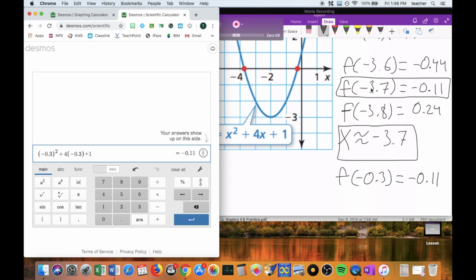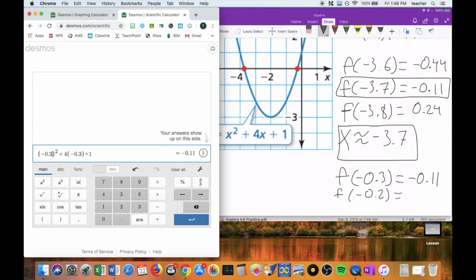Okay, and I am certain that this is going to be the answer because this is the symmetrical one here. If this is the closest estimate on the left side of the axis of symmetry, then this one's going to be the estimate on the right side. This is a negative value, so technically we need a positive value. So I'll plug in one higher than this, which is going to be negative 0.2.